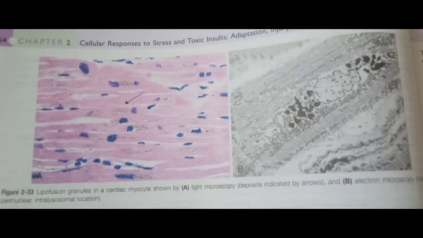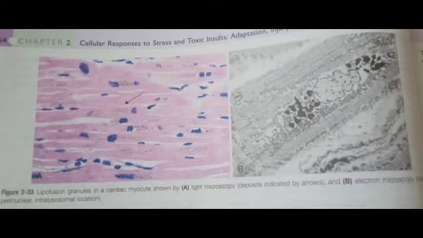It is seen in cells that are undergoing slow regressive change, particularly in the liver and heart of aging patients. In aging patients, the liver and heart undergo slow regressive changes, and in those people you will see this perinuclear pigment, which is yellow to brown and finely granular and cytoplasmic.